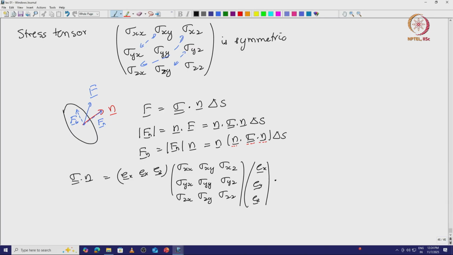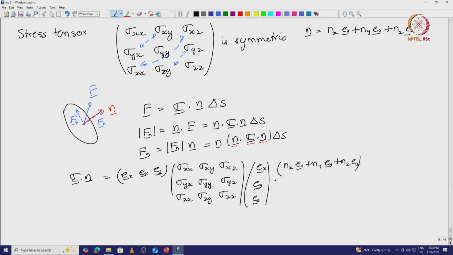The unit vector, as you know, is n vector equal to n x E x plus n y E y plus n z E z, where n x, n y and n z are the components of the unit vector. So, I am dotting this with the unit vector, that is n x E x plus n y E y plus n z E z.